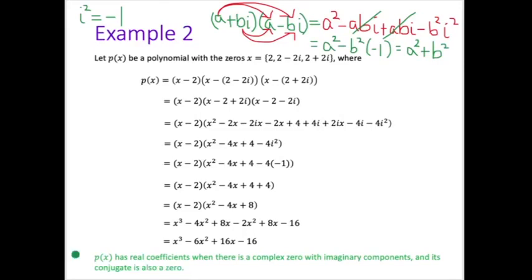So here's our conclusion. P of x has real coefficients when there's a complex zero with imaginary components and its conjugate is also a zero. That's what we see in this example. We have this complex zero with an imaginary component of -2i, but notice its conjugate, 2 plus 2i, is also present as a zero. So when we expand our polynomial, there are only real coefficients.